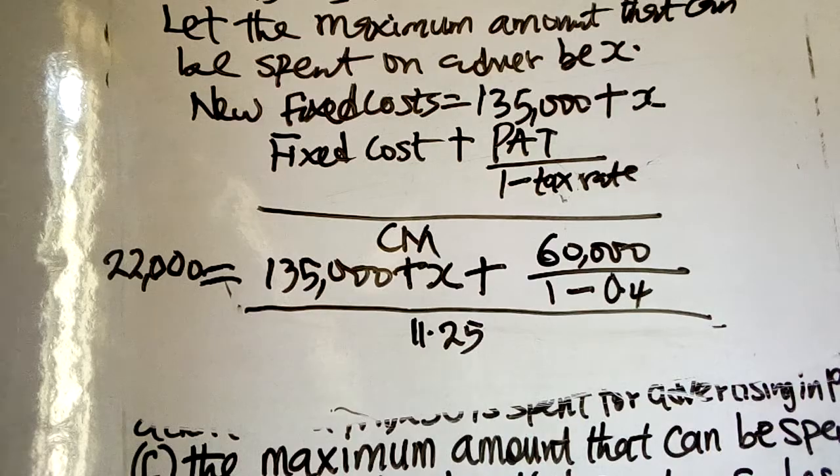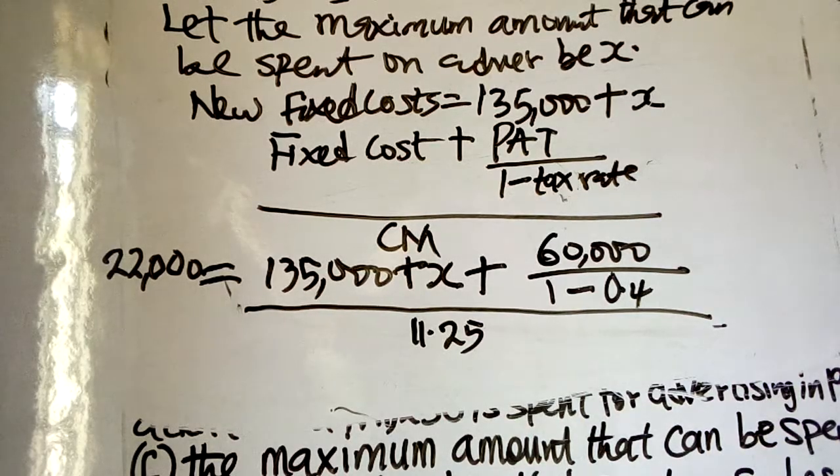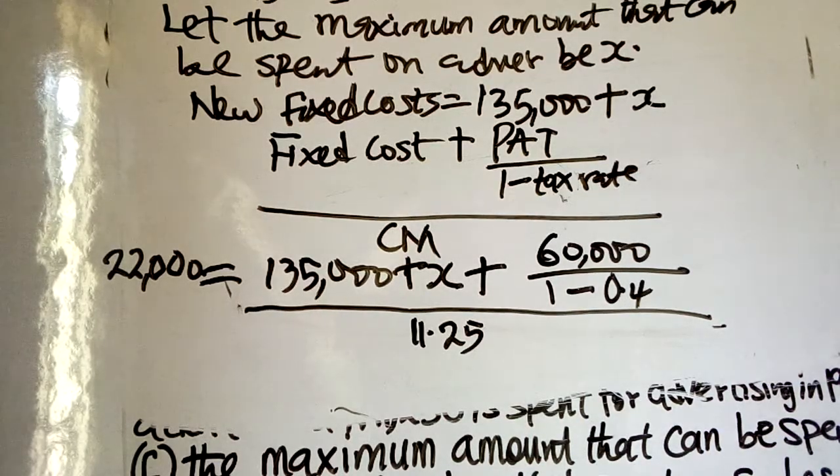So you want to solve for X, the unknown variable in the formula.